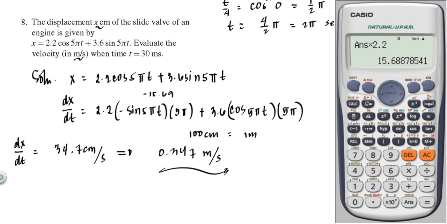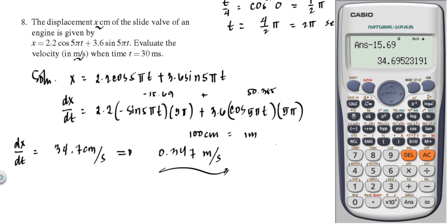Ito naman, plus, cosine 5 pi times 30 milli, press equals, times 5 pi, times 3.6 equals 50.385. Plus or minus 15.69. Okay, halos tama, no? So 347 meter per second.